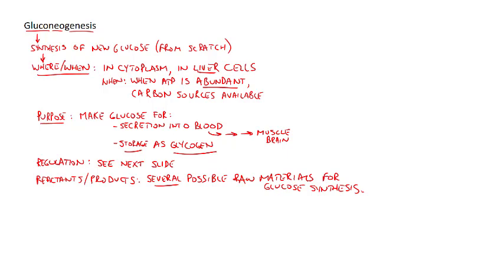All right, this is an anabolic pathway, and one of the features of anabolic pathways is they tend to diverge a lot compared to catabolic pathways. So before I tell you what the major reactants and products are that I expect you to know for gluconeogenesis, we need to set up some comparisons between gluconeogenesis and glycolysis. So let's take a look at that.